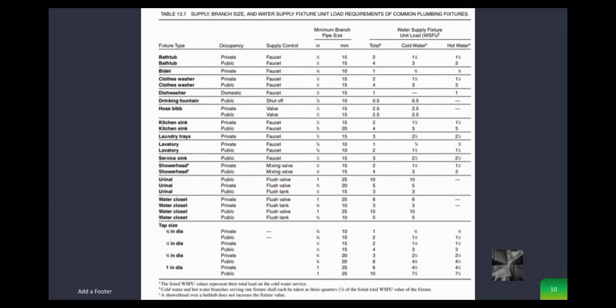In this table, there are different types of plumbing fixtures, and each has a corresponding minimum branch pipe size. And of course, a water supply fixture unit load, or the WSFU.